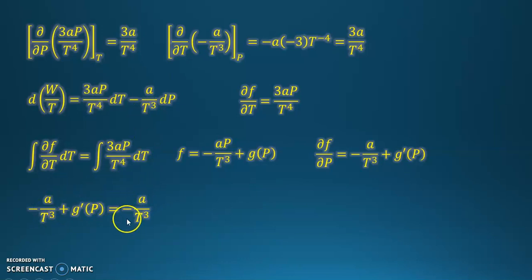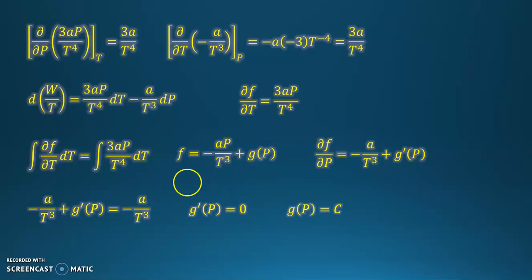This term and this term could be cancelled because they are the same and they are in opposite sides of the equation. So we have that g prime of p is equal to 0. Integrating this expression, we finally find that g of p is equal to an arbitrary constant.